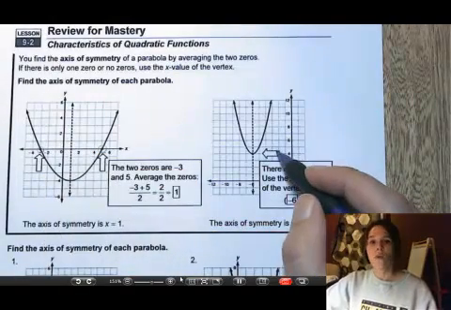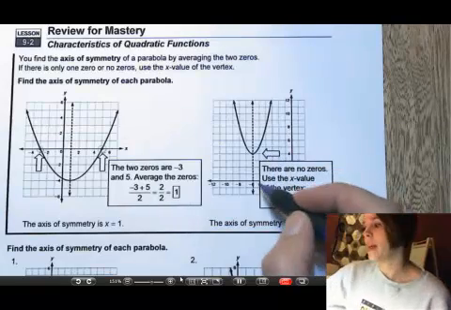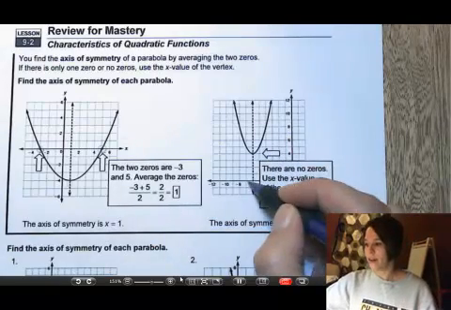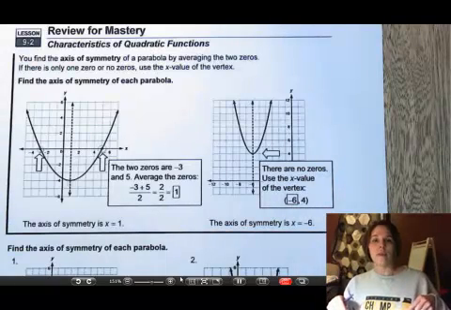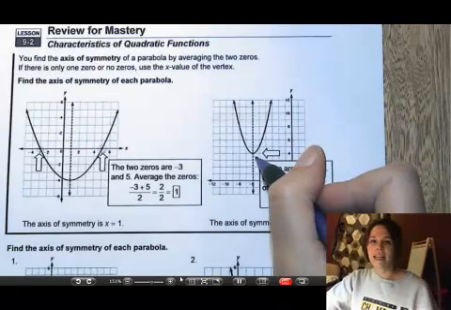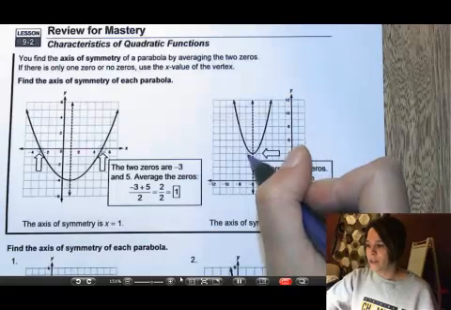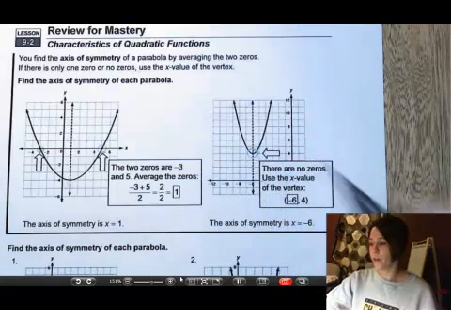Okay, so now what if your parabola doesn't cross the x-axis? That would be if it opens up and lies above your x-axis, as here, or what if it opens down and lies below the x-axis? It still wouldn't have any zeros. So in this case, you're going to have to identify the vertex. The vertex, remember, is either your maximum or your minimum point of your curve on your parabola.